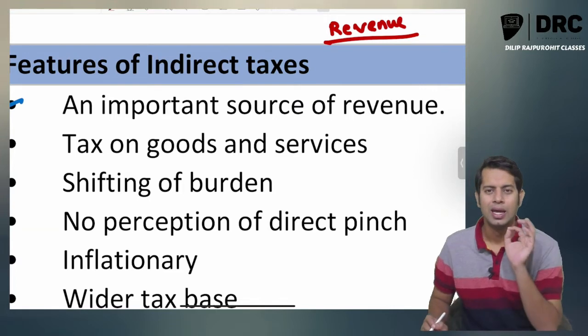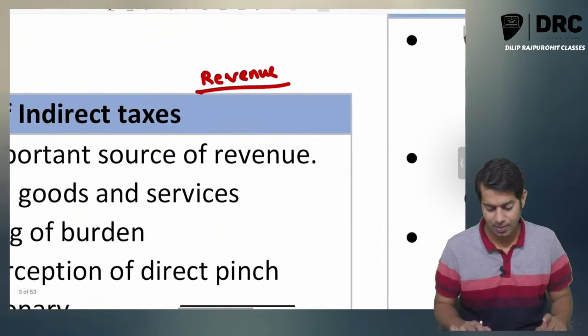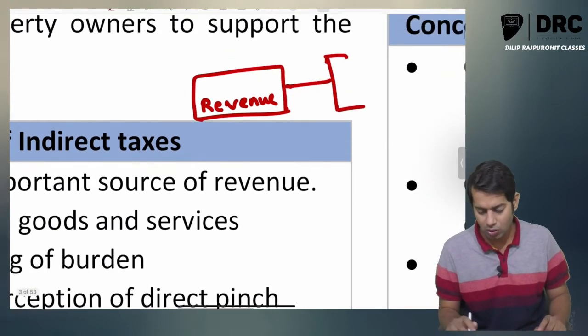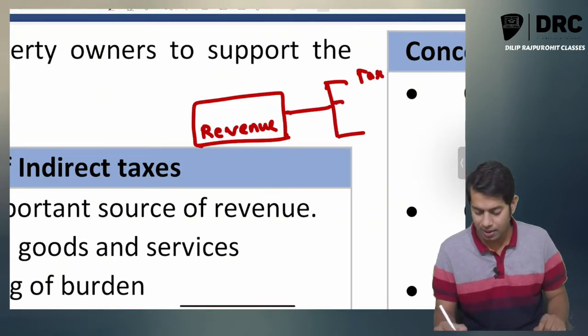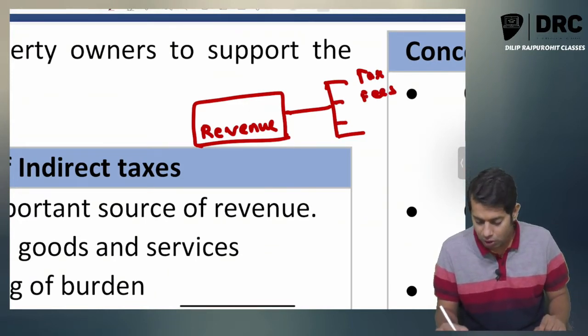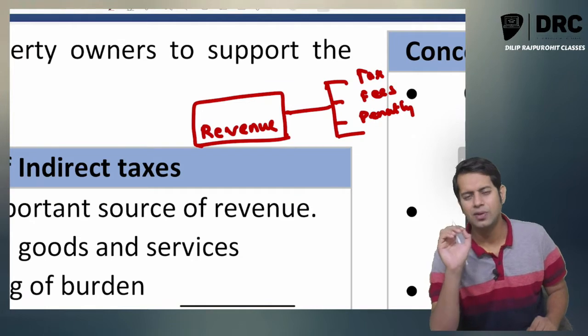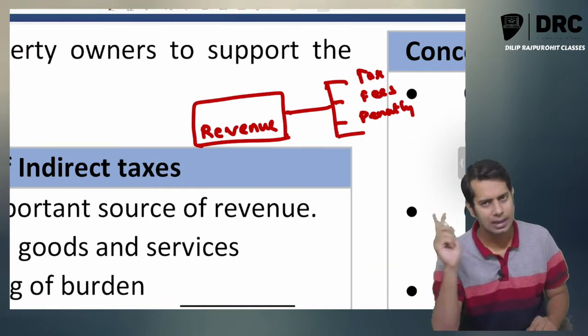Please note, tax is not the only source of revenue to the government, but it is one of the sources. Government is getting revenue in the form of tax, in the form of fees, in the form of penalties, etc. For example, you purchase products or earn income, you pay tax.